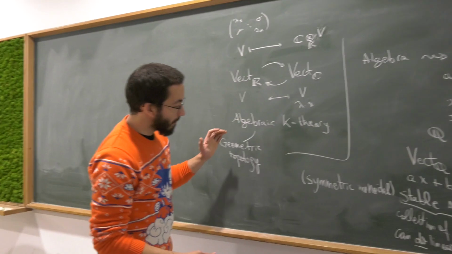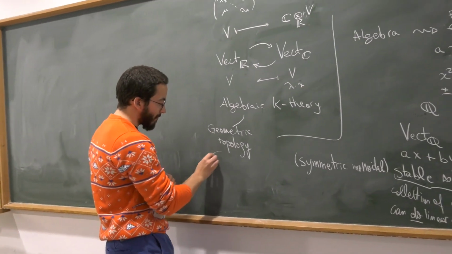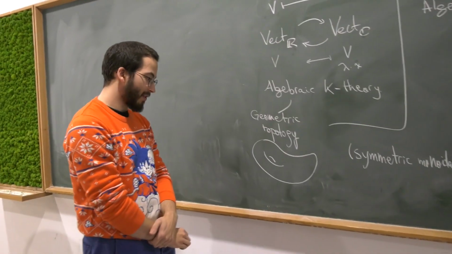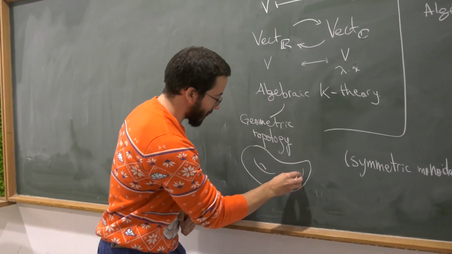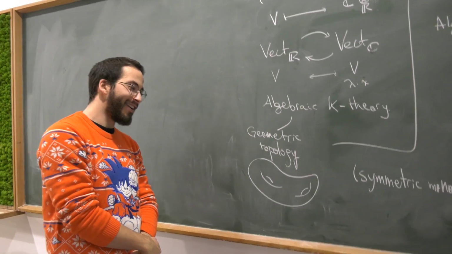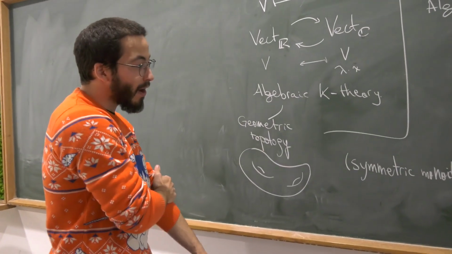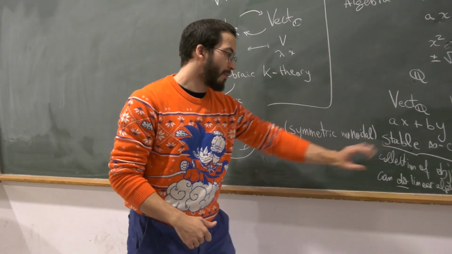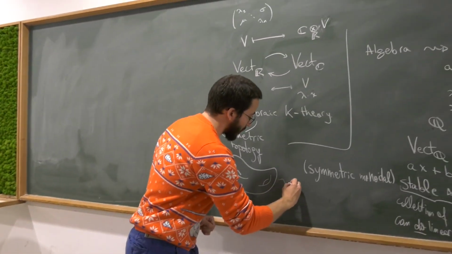And in particular, for every shape, for every space, like a donut, the favorite drawing of topologists, let me do a two-hole donut. For every such shape, there's one or even maybe several different contexts of linear algebra, so stable infinity categories, you can associate to it.